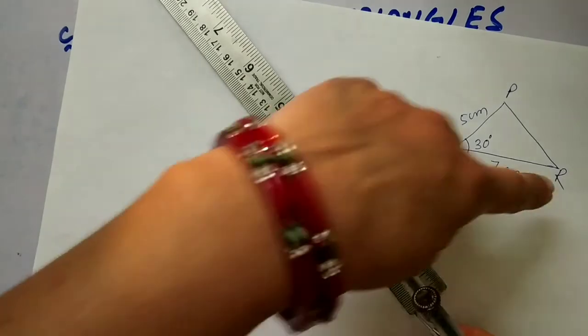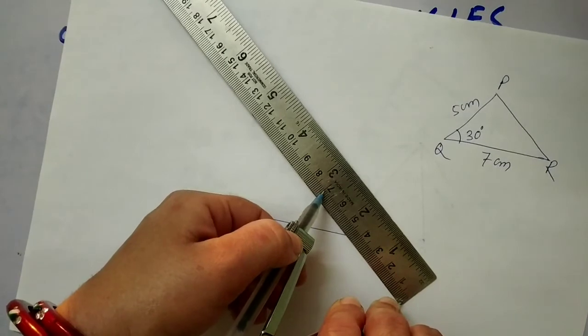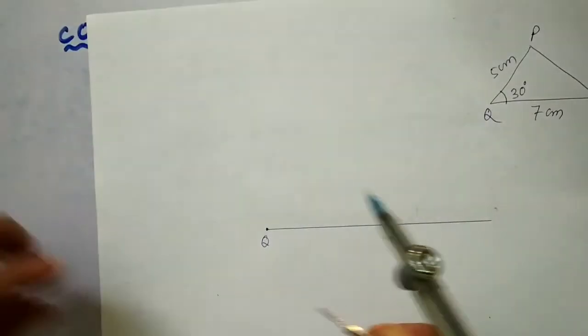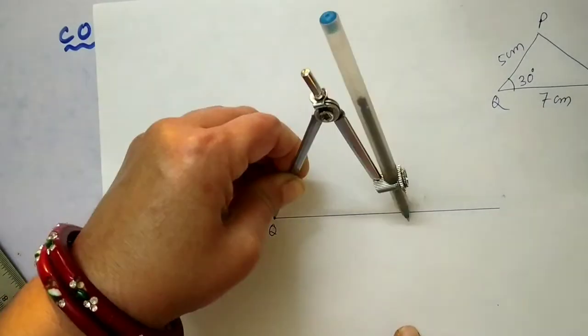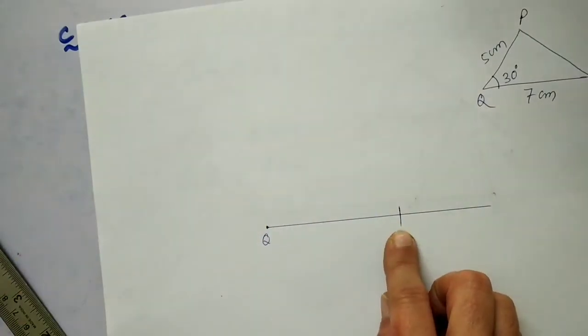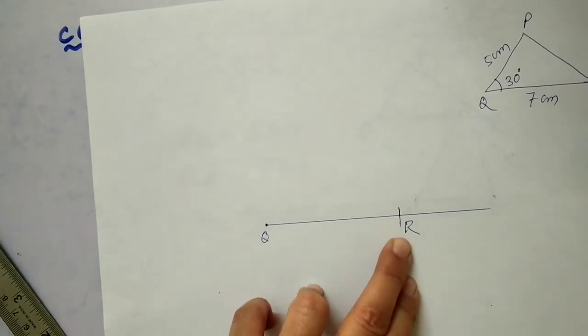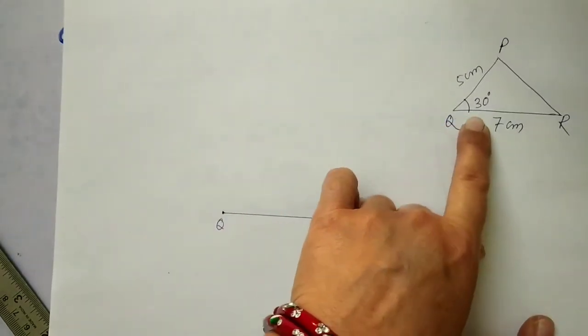We have to take 7 centimeter. This is your 7 centimeter. From point Q, this is R point.